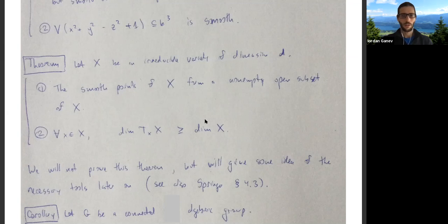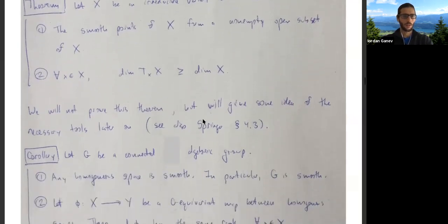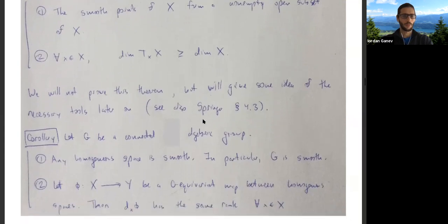Okay, so all this stuff was about general algebraic varieties, and we want to relate these things to algebraic groups. So how do the things that I've defined relate to algebraic groups? First of all, as an easy corollary of this theorem, we have the following result. If we have a connected algebraic group, so in particular it's an irreducible variety, and here I believe we don't even need a linear algebraic group, any algebraic group, then we have the following two things.